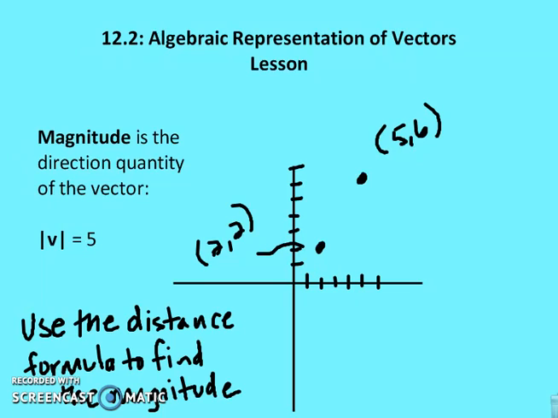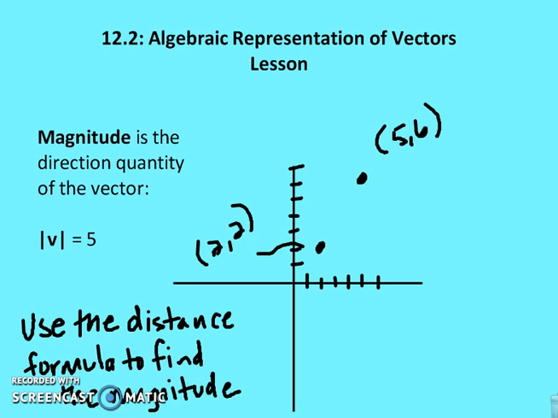All right, so the magnitude is what I've given you previously in the example. Magnitude just establishes the length of the vector. It doesn't define its direction. So the magnitude is in the absolute value brackets. I take the vector, apply the absolute value brackets, and that tells me that I need the magnitude or length of the vector. And you can figure that out by using the distance formula.